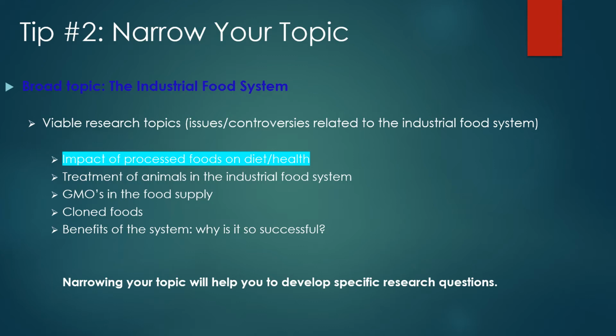It's not called industrial food system, but it could be a viable topic for a paper. So as you go through and you start to narrow, you might find, hey, I want to write about cloned foods. That's something I never would have thought of. And that's a benefit of this. So narrowing your topic, each of these could be its own paper. So this is 5 different papers here. I highlighted impact of processed foods on diet and health because I'll use that on the next slide.